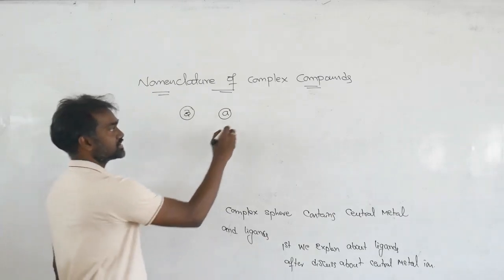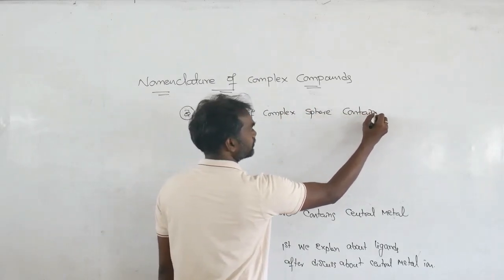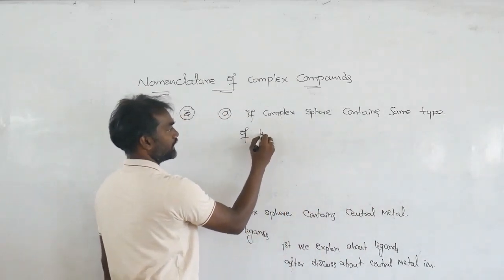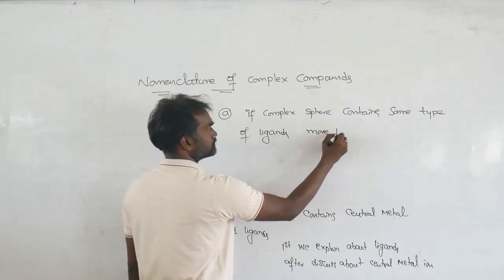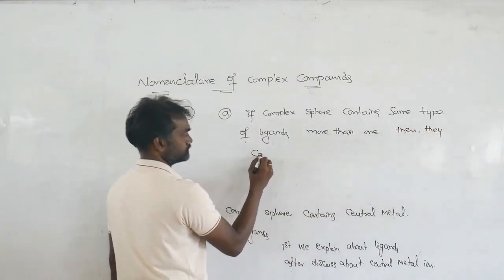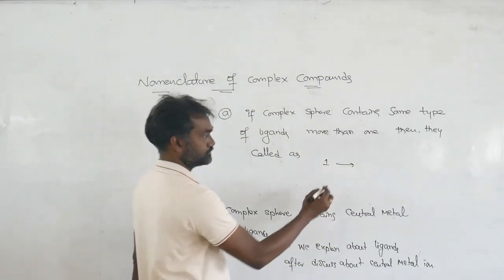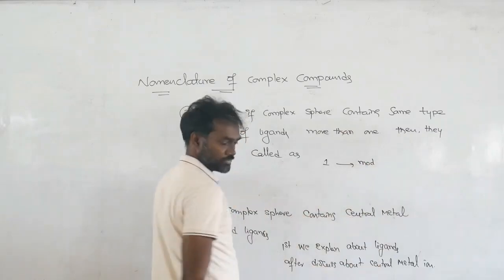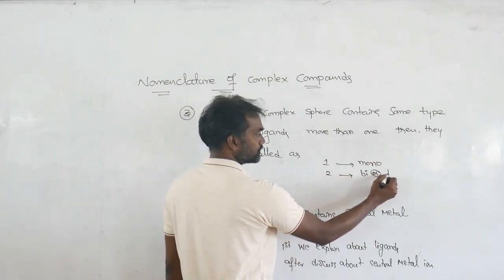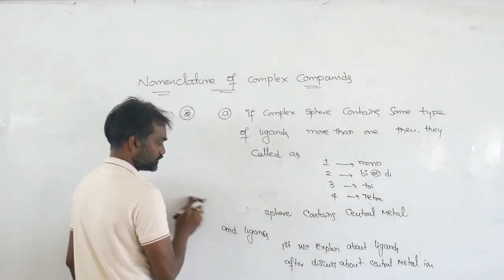A. If the complex sphere contains more than one of the same type of ligand, then they are called: one is mono, two is bi or di, three is tri, four is tetra, and five, and so on, penta.